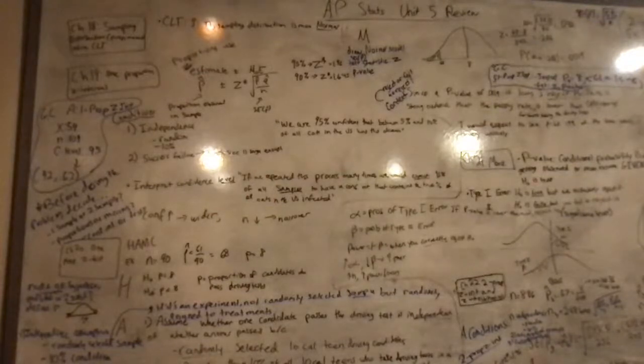If we repeated this process many times, we would expect 95% of all the samples to have a confidence interval that contains the true percent of, for example, all cats in the US affected. This is just an example, but that's usually the format for interpreting the confidence level. And we'll talk about interpreting the confidence interval later.